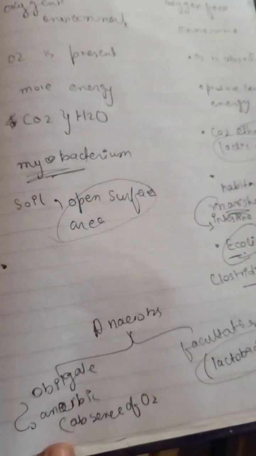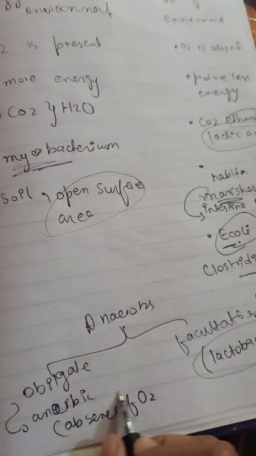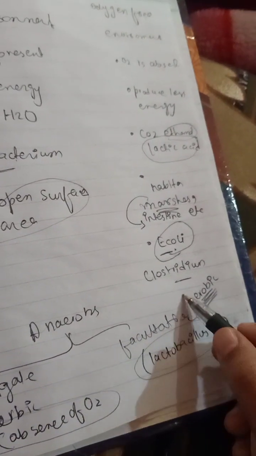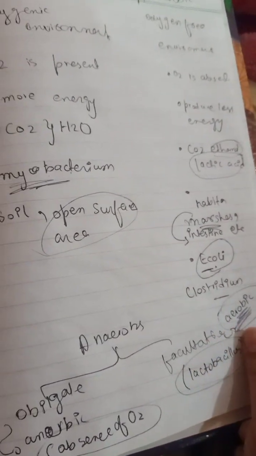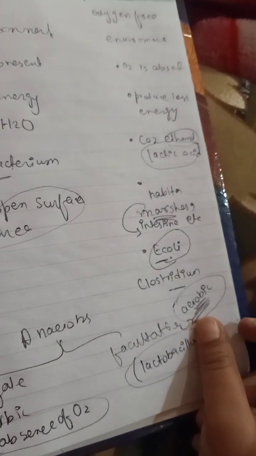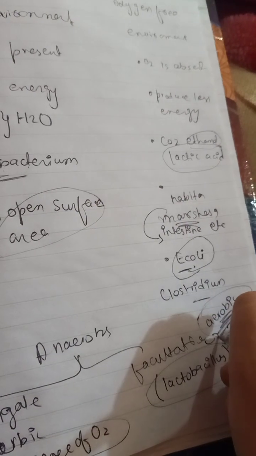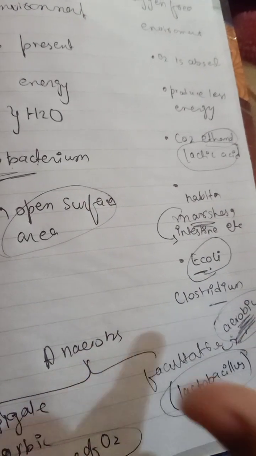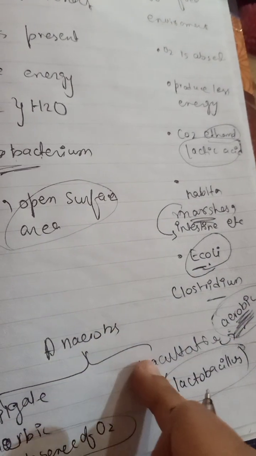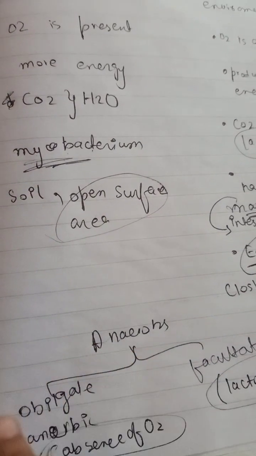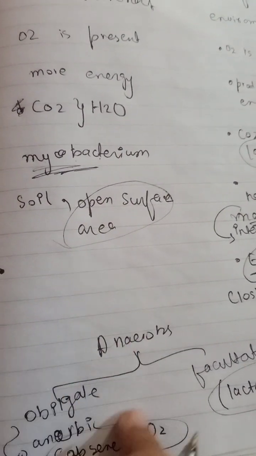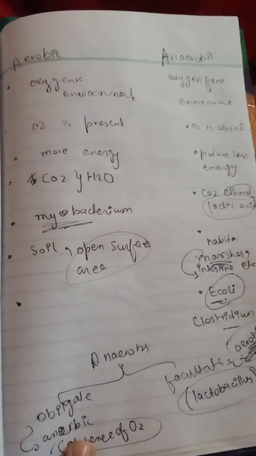And these do not require oxygen. They live in the absence of oxygen, and also in the presence of oxygen. That we call facultative. And obligate anaerobes do not get oxygen; they live in the absence of oxygen.